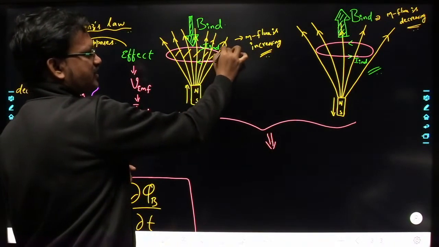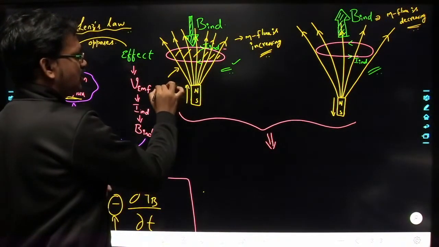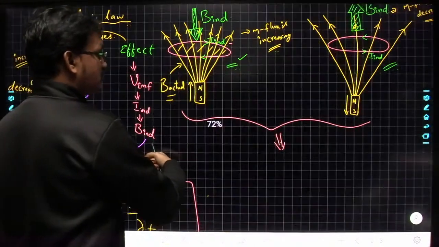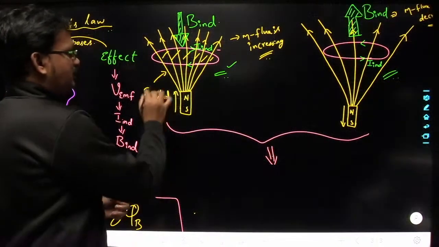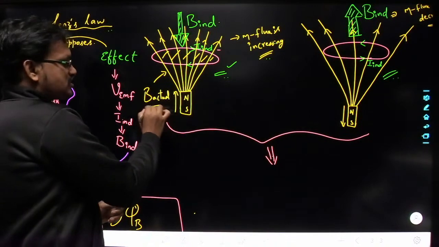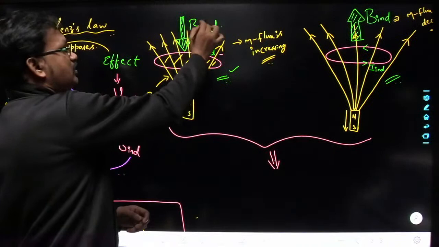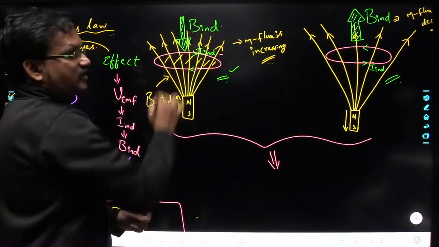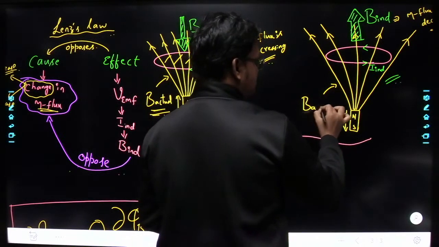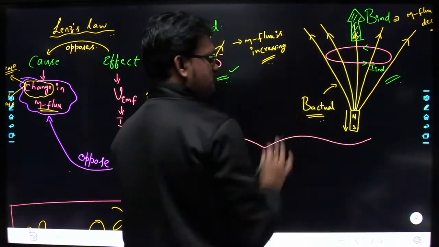This B field I am calling the actual B field, B actual, the B field produced by this magnet. And this green color, whatever I have represented in green, is the induced magnetic field.